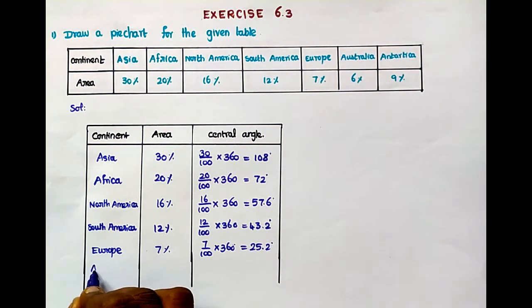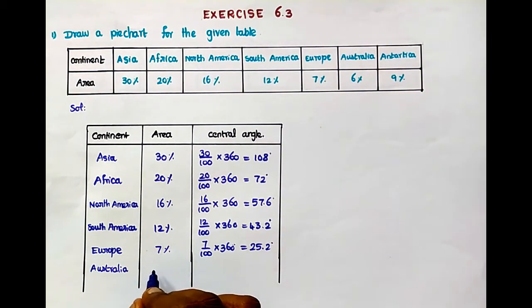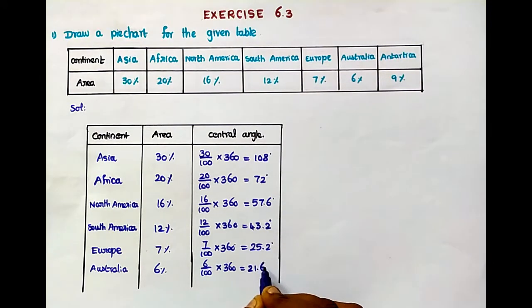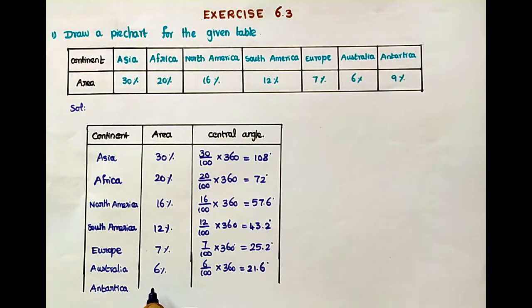Next Australia, 6%. 6 by 100 into 360 means we get 21.6 degree. Next one, Antarctica, that is 9%. 9 by 100 into 360, we get 32.4 degree.